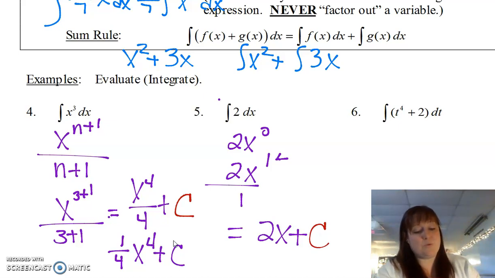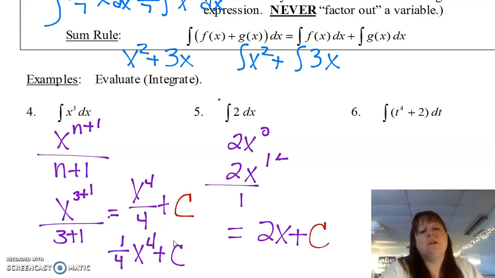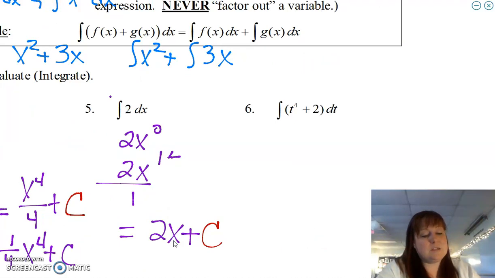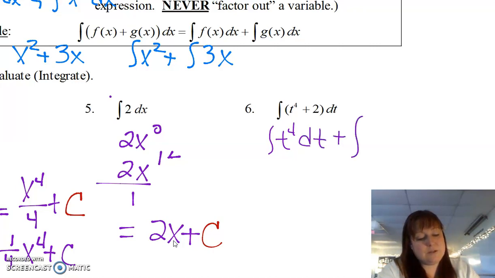And then let's look at the sum rule. Okay, so remember the sum rule, we can split integrals just like we could split derivatives, right? If I took the derivative of something plus something else, I could split it into two different derivatives. And I can split the integral as well. So this could be the integral of t to the 4th, I should not forget my dt, plus the integral of 2 dt.